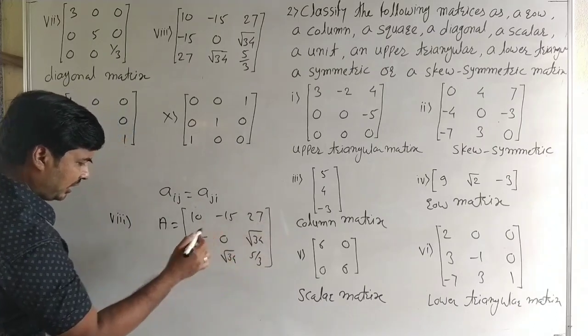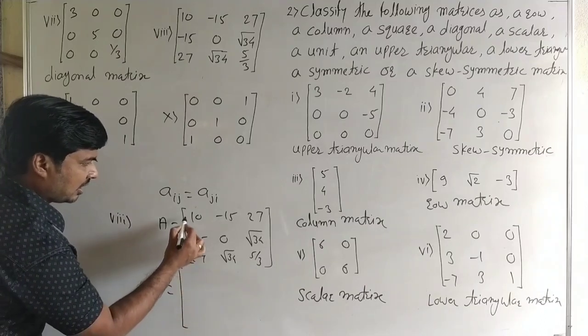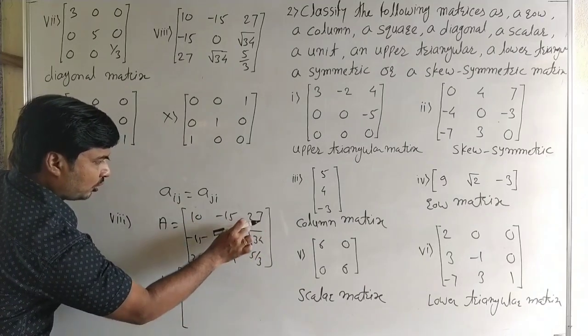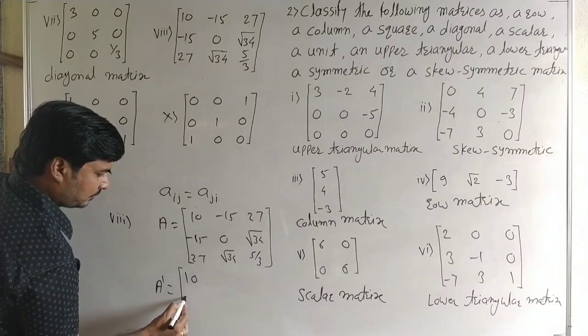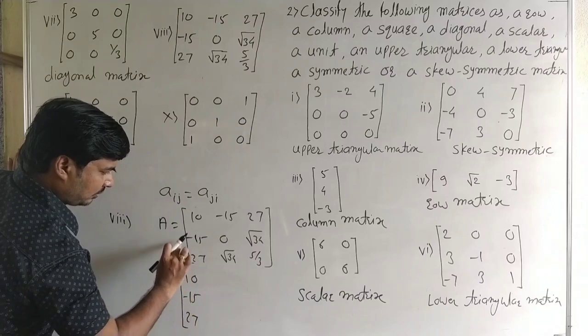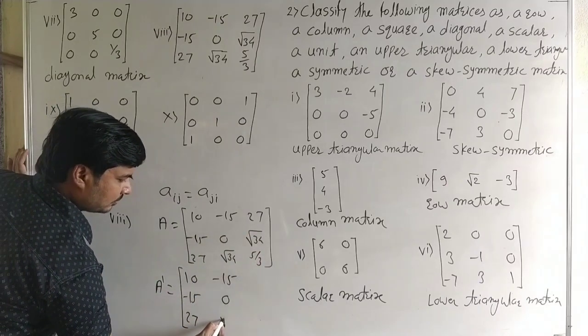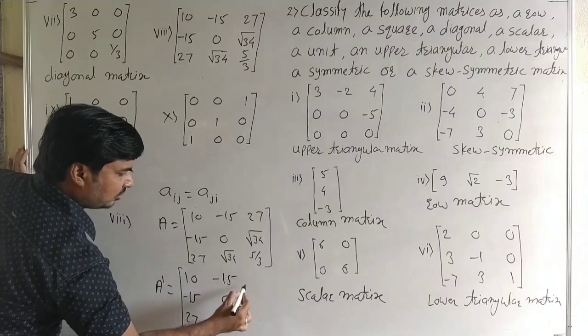When we transpose this matrix, we find A dash. Row becomes column. This row we can write in the form of a column: first row as the first column, second row as the second column, and third row as the third column.